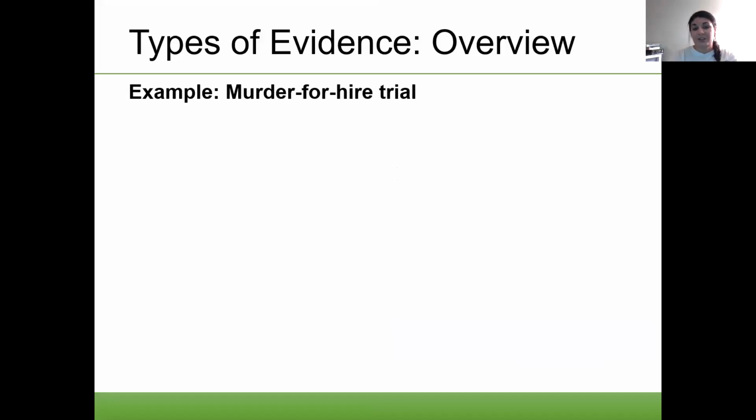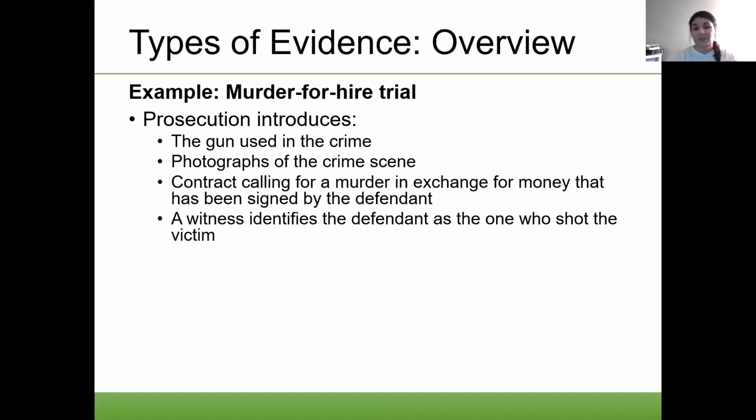An example is a murder for hire trial. This is not a real one, this is a hypothetical one, but I'm sure you can find one that's kind of like this. They tend to leave a paper trail and get caught fairly easily. So during this trial, the prosecution introduces the gun used in the crime or bought for the crime, photographs of the crime scene.